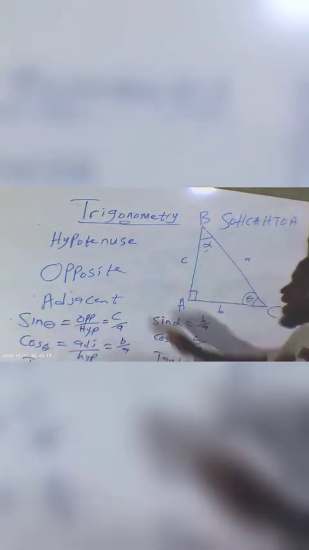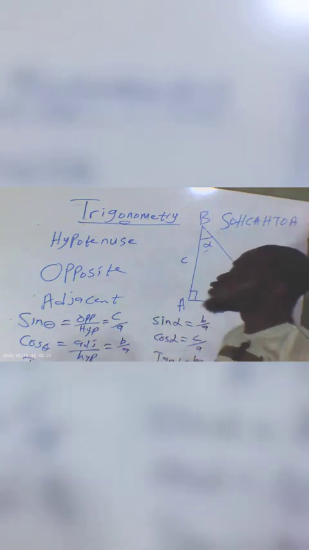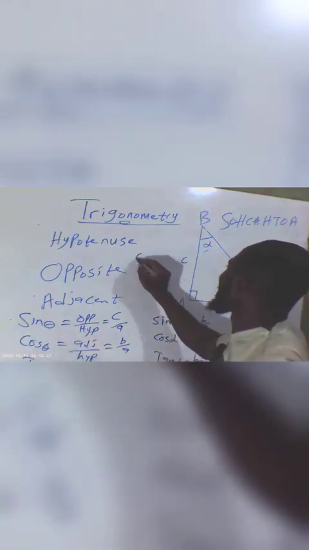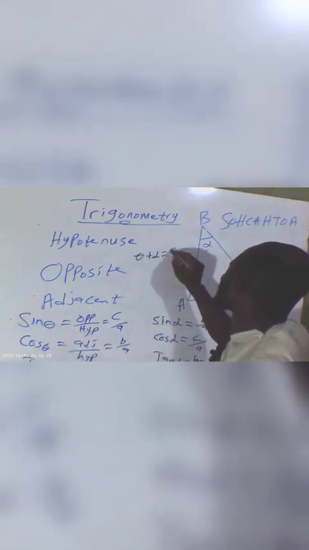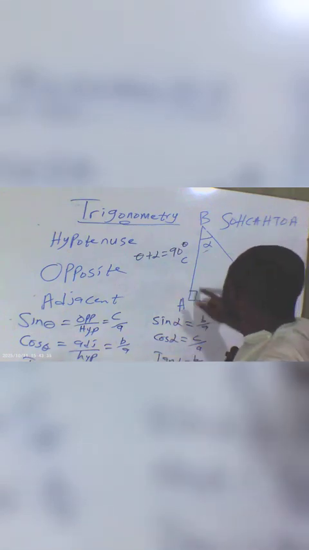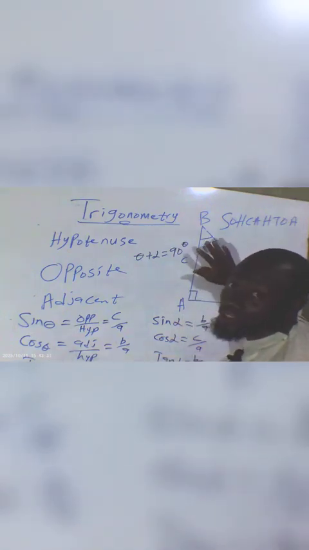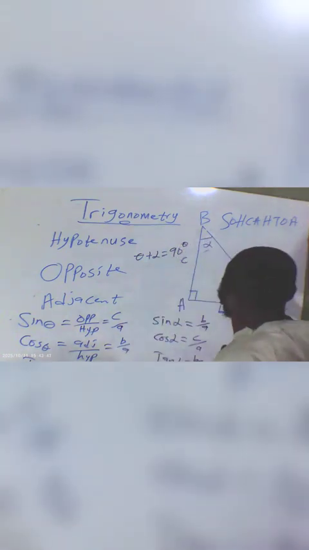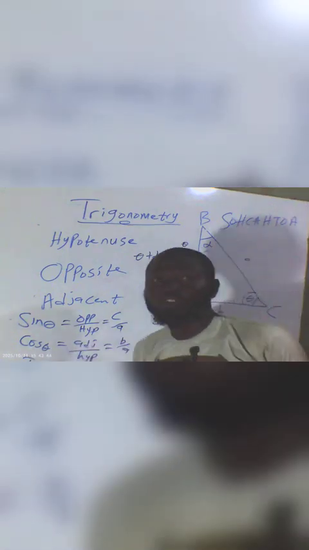Now that we know all these, the next thing I want you to know is that the sum of these two, theta and alpha, that is theta plus alpha, is 90 degrees. Because we know the sum of angles of a triangle is 180 degrees, automatically the sum of the two angles in the right angle triangle is 90 degrees.